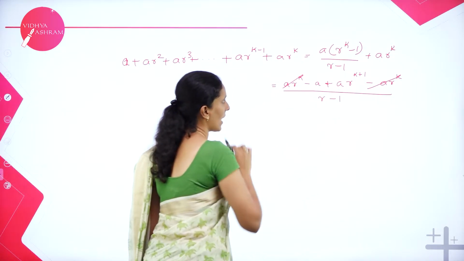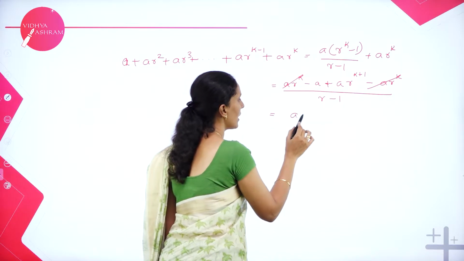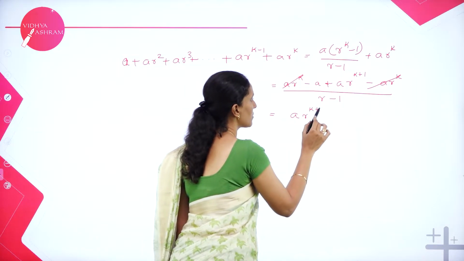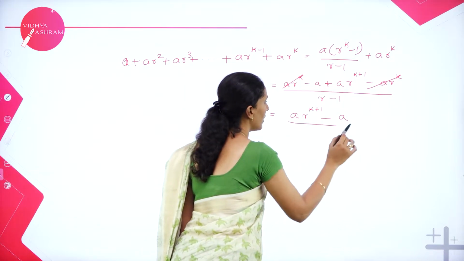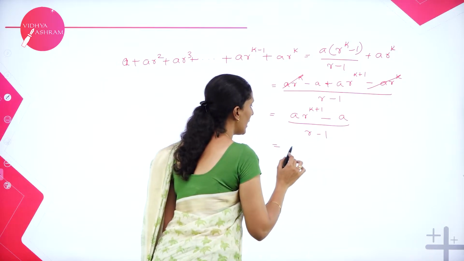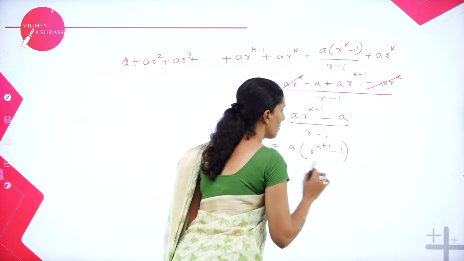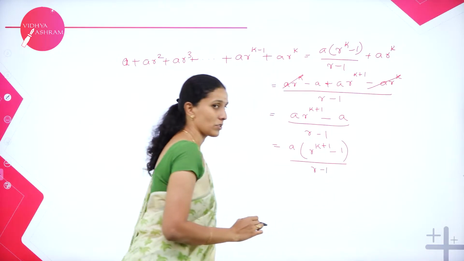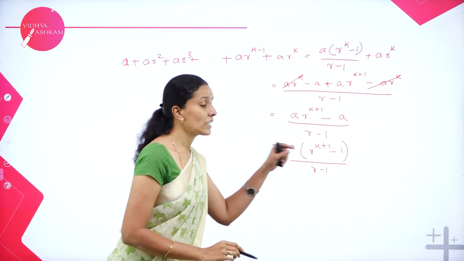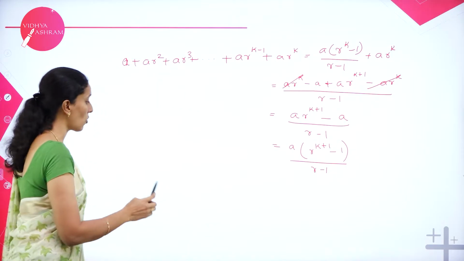Clearly these two terms cancel. You can write this as a r power k plus 1 minus a divided by r minus 1. Take a as a common factor. It is a into (r power k plus 1 minus 1) divided by (r minus 1). So therefore, the result is true for k plus 1 values also.